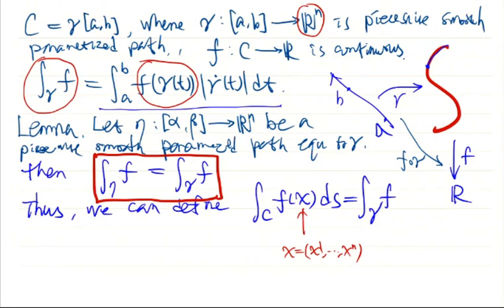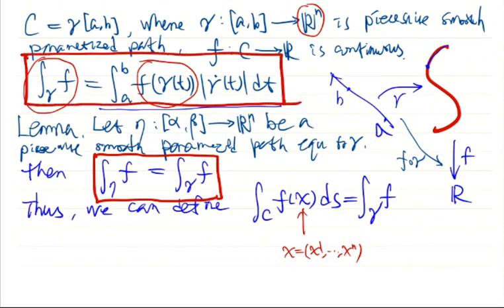Of course, our integral is along a curve, say, not a parametric path gamma.